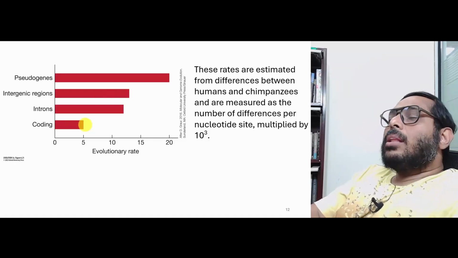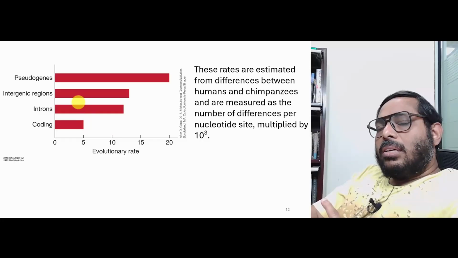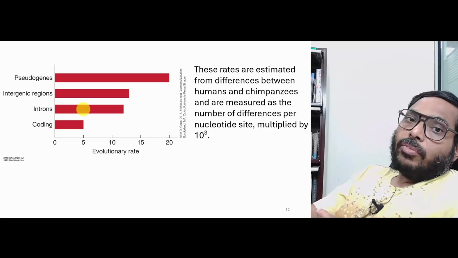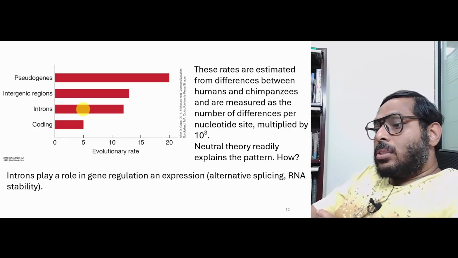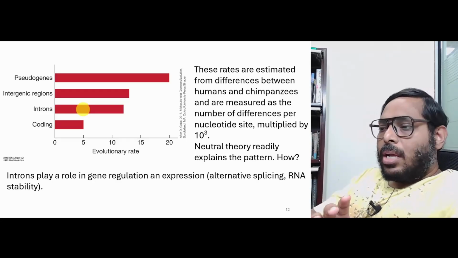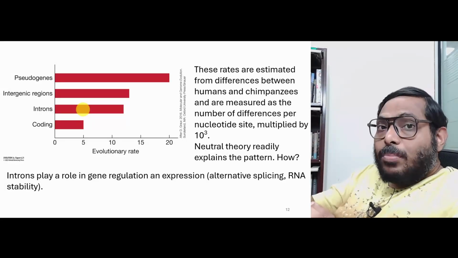Why? That is because we now know that both the intergenic regions and the introns can actually affect the fitness of an organism. Why? Because the introns play a role in gene regulation, and why is that? Because we know that there is something known as alternative splicing.